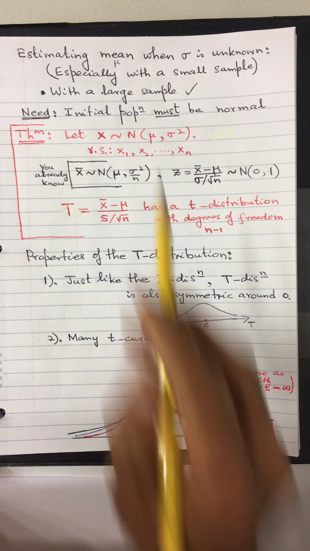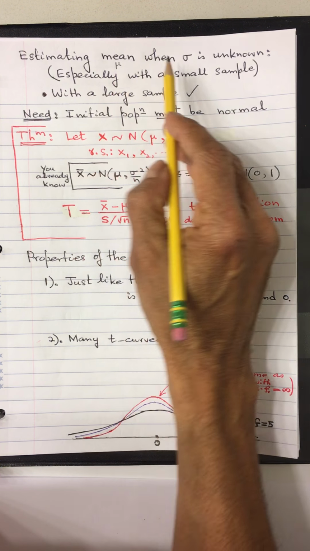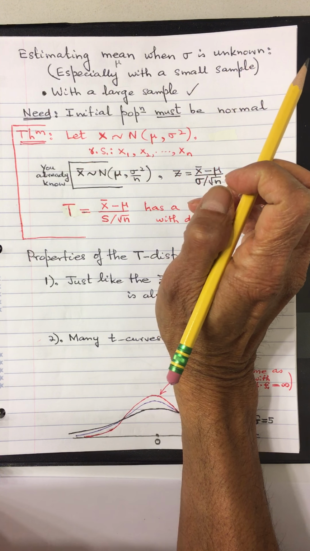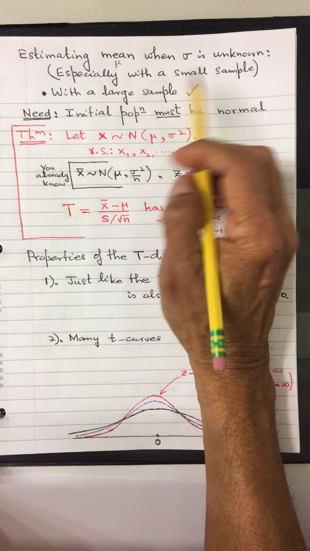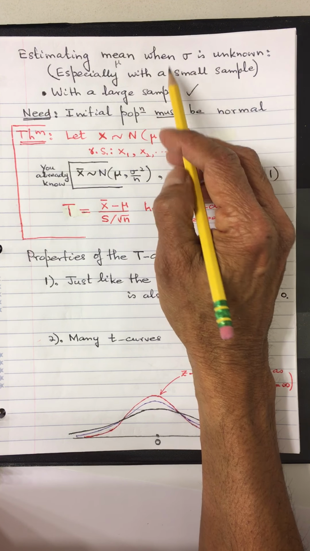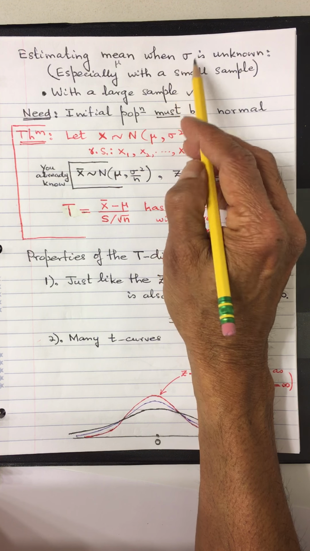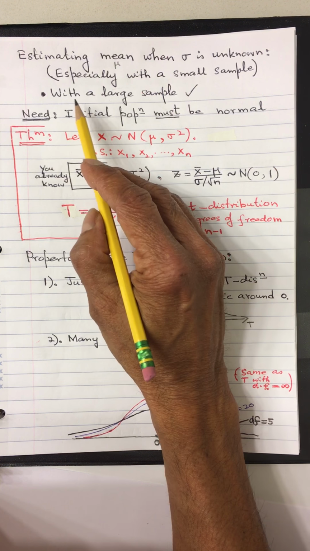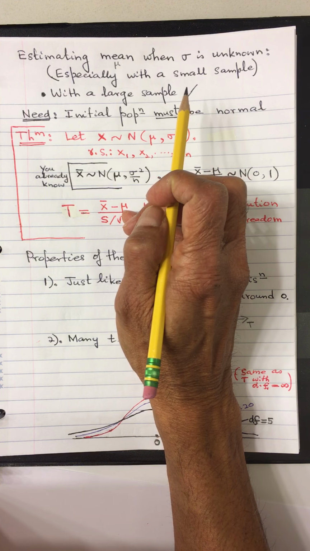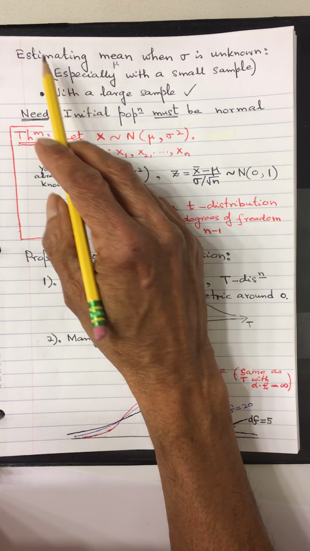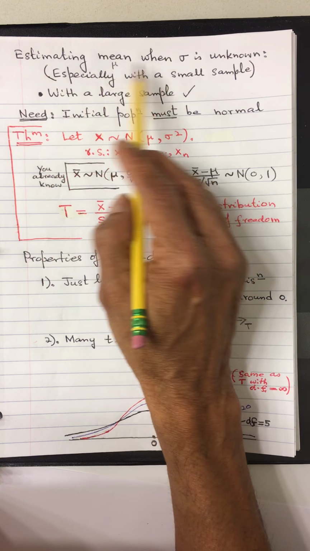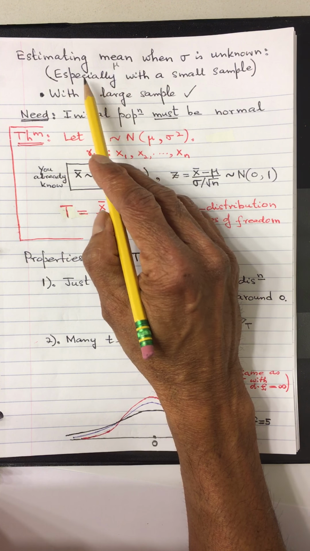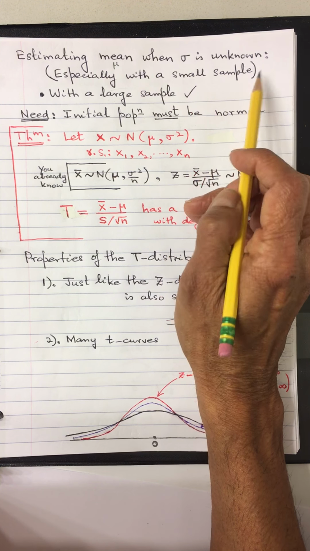Let us look at estimating the mean mu when sigma is unknown. We already know how to take care of this problem when you have a very big sample. Especially we are looking at the case when the sample size is small.